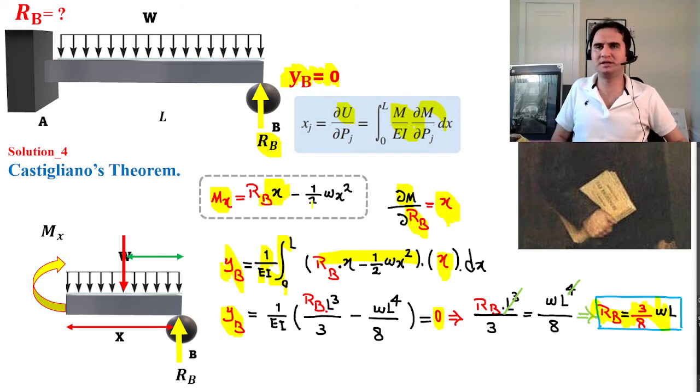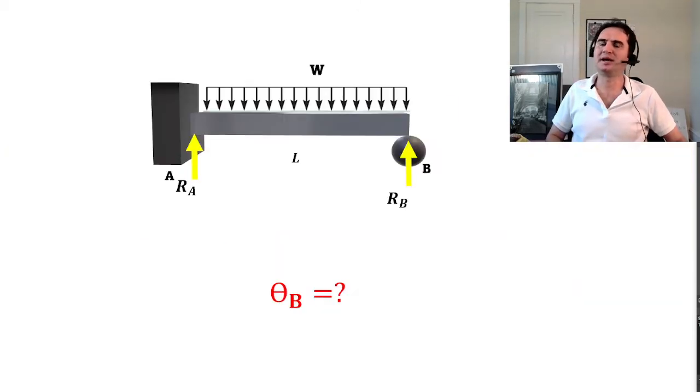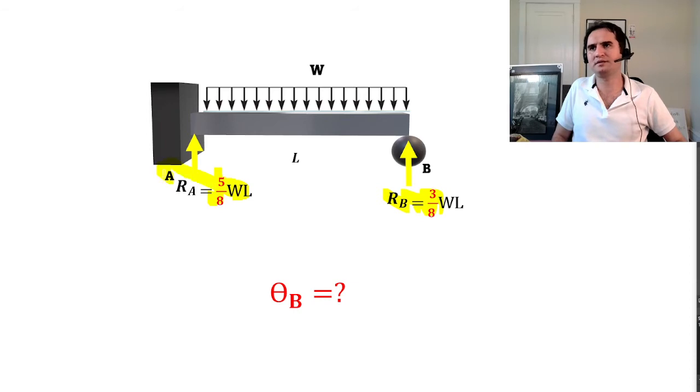With maybe 2 or 4 lines, just one page, we didn't have any moment drawing, moment area calculation or integration based on a conventional approach. We do have integration, but it's a simple integration with Castigliano's method. As soon as you know what RB is, RA is 5 over 8 WL.